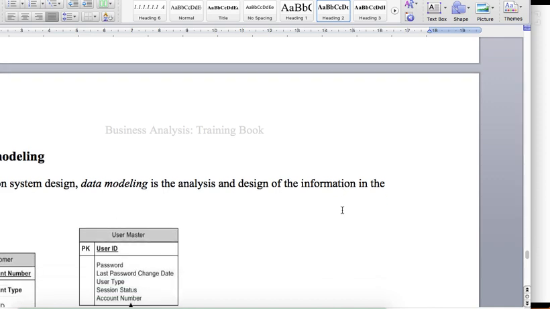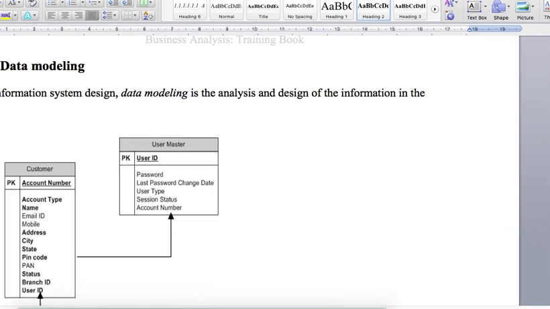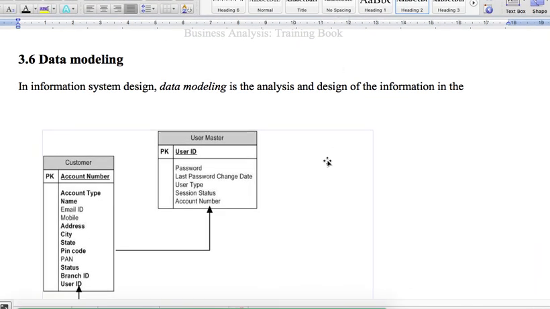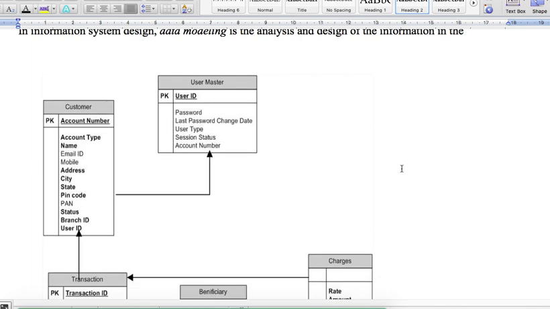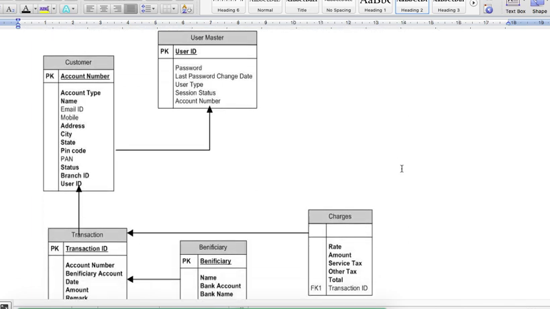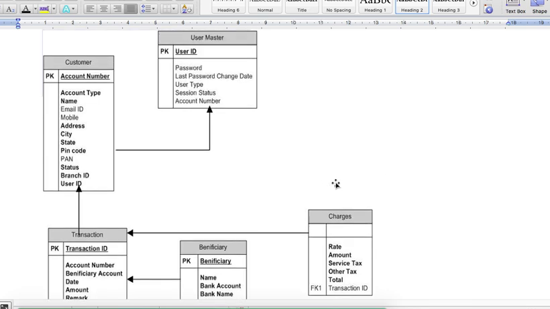Okay. This is a sample data modeling diagram, which talks about how the database will be structured, what the tables are, and if you see here, what kind of data will be used, and from here the data requirement, we can define the solution scope.